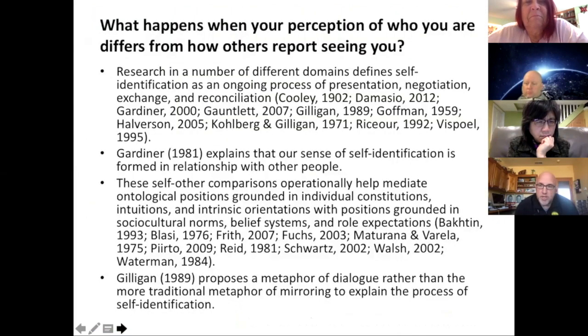So while the project was really interesting for students to do, what really struck my interest was the discussions that surrounded this, where students were trying to come to terms with the image that Google was telling them that they most closely resembled. So a lot of research in identities, whether student identities or teacher identities, deal with the idea of identity formation as a dialogue or as a reflexive process.